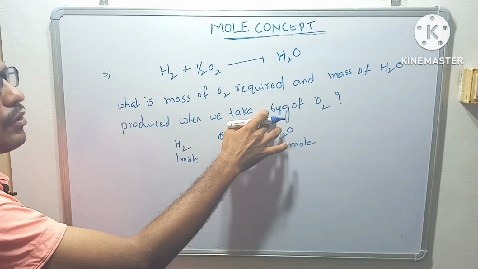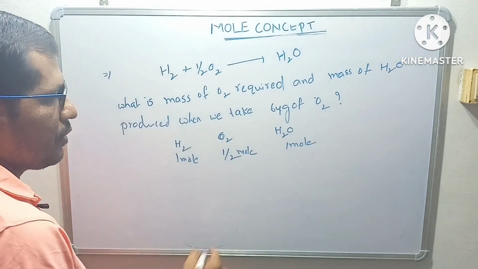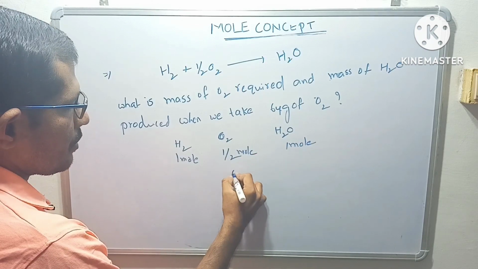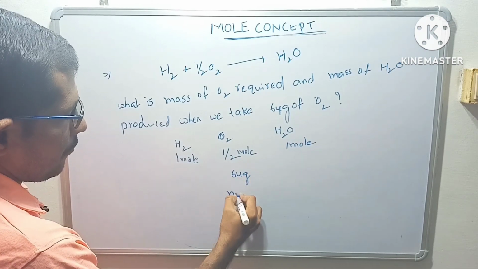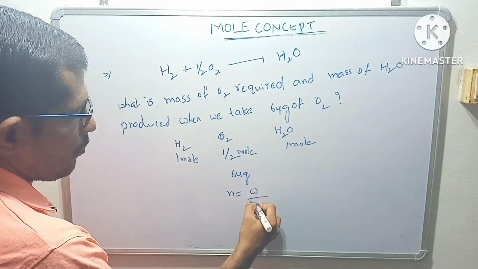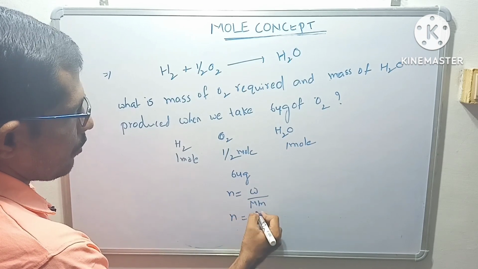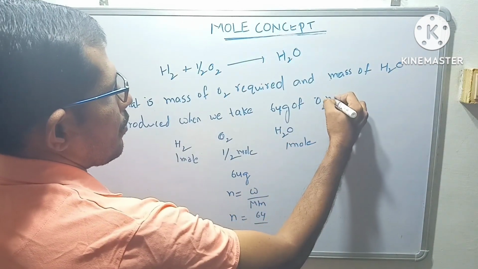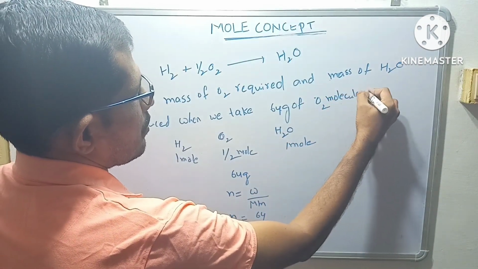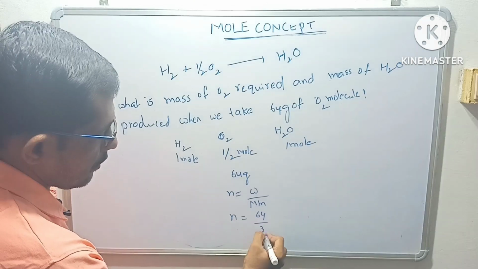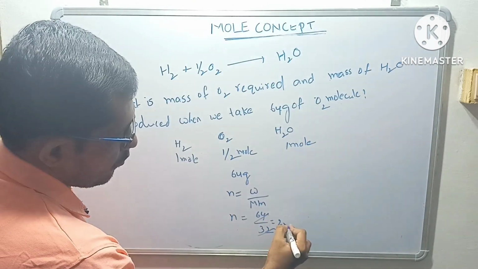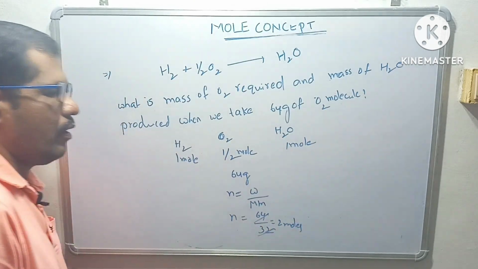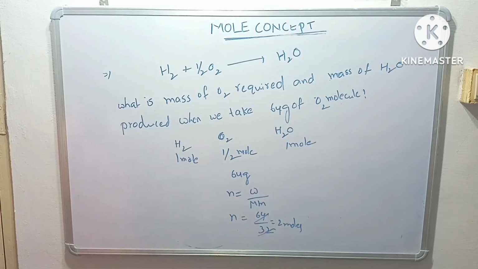They have given 64 grams, so you need to calculate how many moles that is. We have the formula: moles equal to weight by molar mass. Weight they have given is 64, and the molar mass of the oxygen molecule is 32. So we have 2 moles of oxygen.